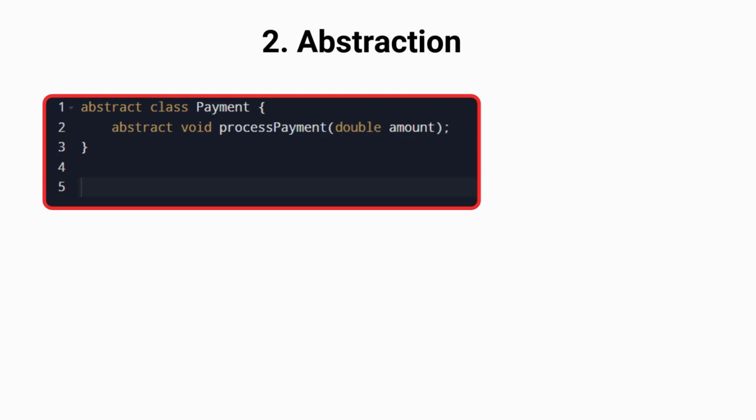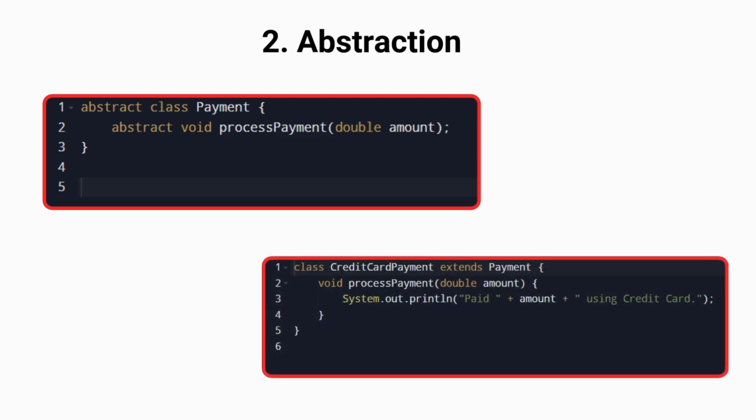And I'm creating another class, CreditCardPayment, which is extending this Payment class. So I can implement the processPayment abstract method inside the CreditCardPayment, right? So I'm implementing and giving the business logic code inside this method.